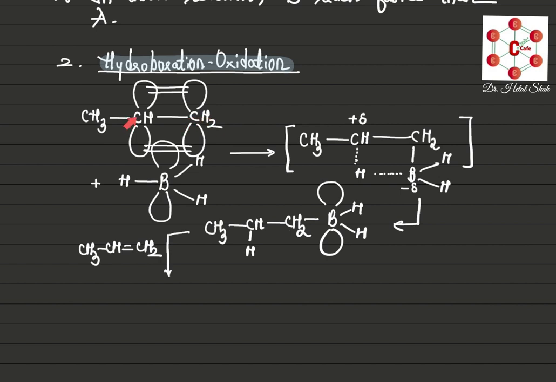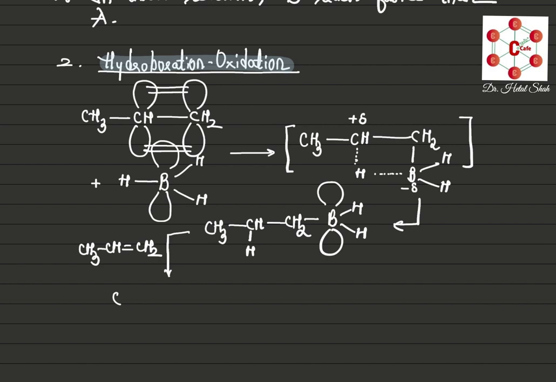Because this carbon has one big group attached to it, boron would not wish to go here. It would want to go here because there are two hydrogens and there is less hindrance. So it's very simple. And therefore, this is one more step that happens now.